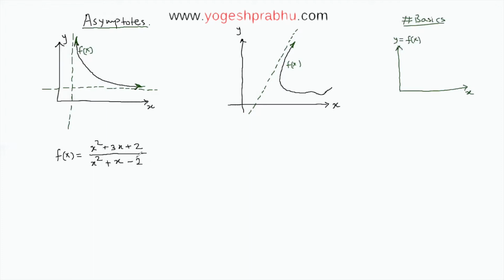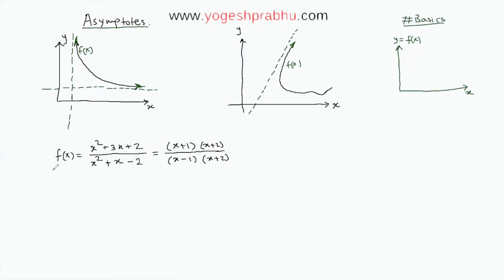These are quadratic equations, so I can always find the roots and write it in this form as well. It is exactly the same as x plus 1, x plus 2, the roots of the numerator, and for the denominator, the roots are x minus 1 and x plus 2. So you can write it in the roots form like this.